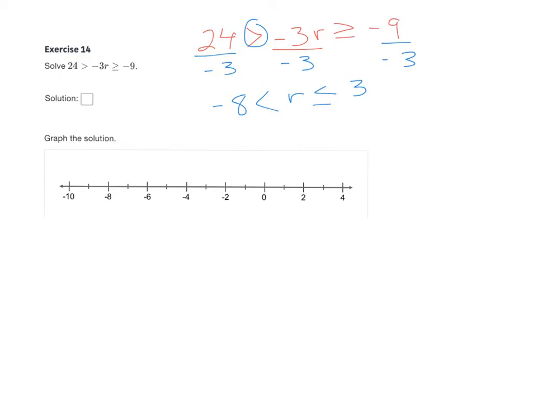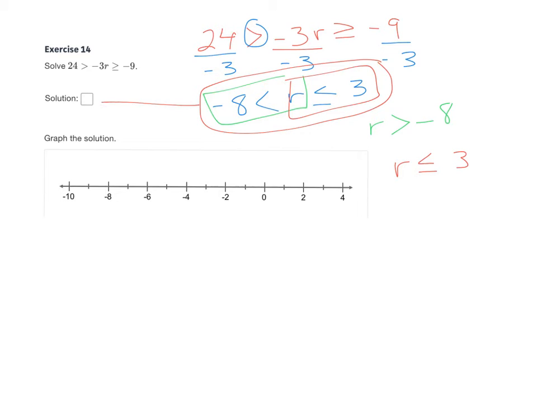Now to graph this, I'm going to flip this side. That's going to give me r greater than negative 8. And the other side, we're going to leave it just the way it is. R less than or equal to 3. So what needs to go in here is that compound inequality.